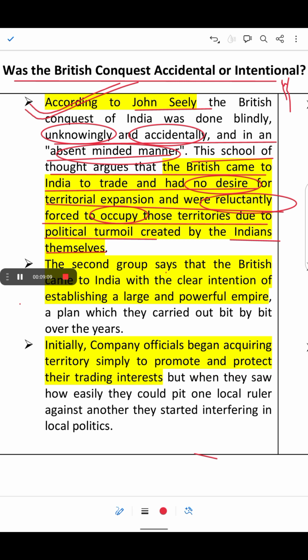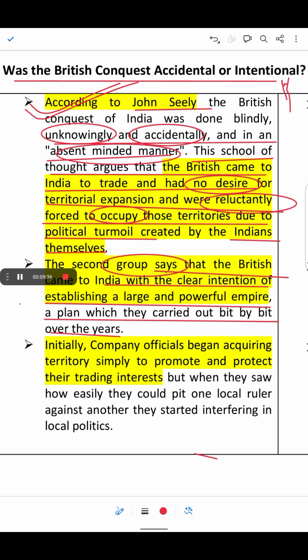The other group says that the British came to India with a clear intention of establishing a large and powerful empire, and a plan which they carried out bit by bit over the years. So the other group says that the British had the intention to establish a large and powerful empire.